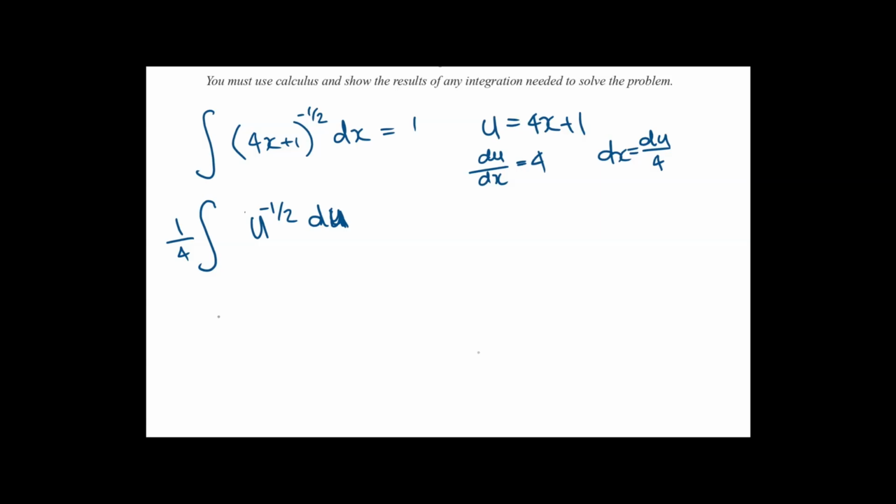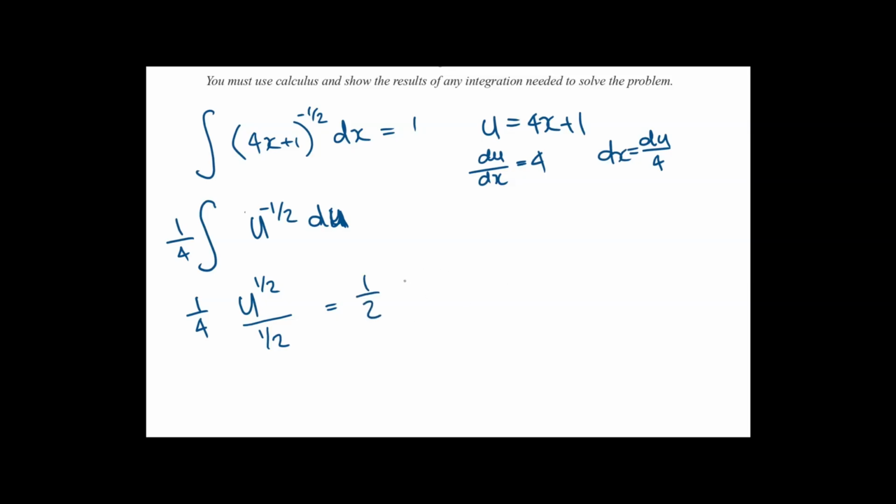So when we come to integrate this fully now, it's a quarter, u stays there, gain a power, but we also have to divide by the new power. Don't worry about the plus c at this stage. When we divide by a half, we're multiplying by 2, and 2 times a quarter is half.